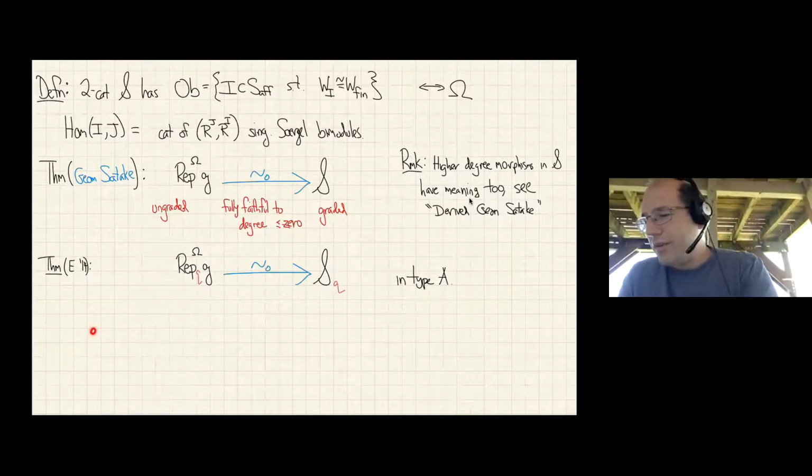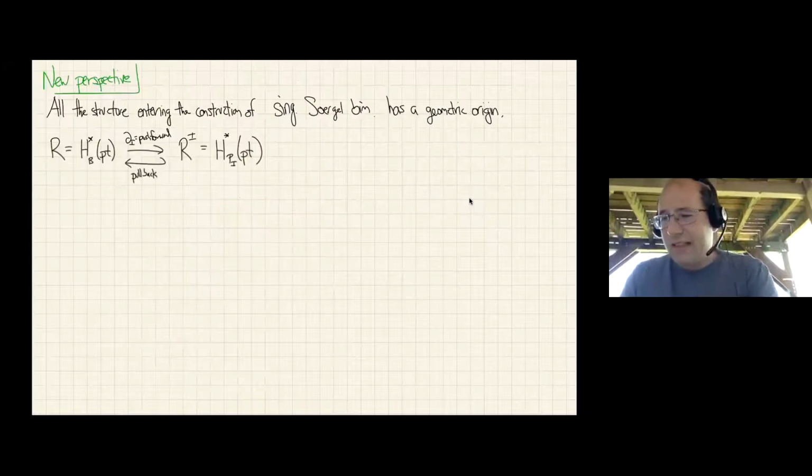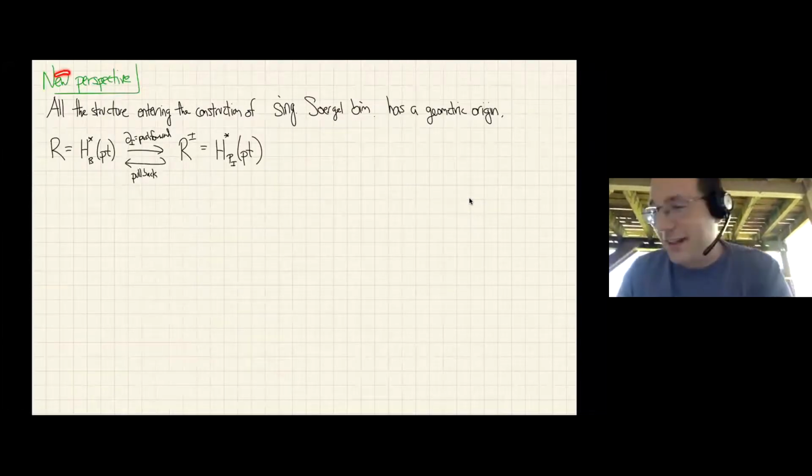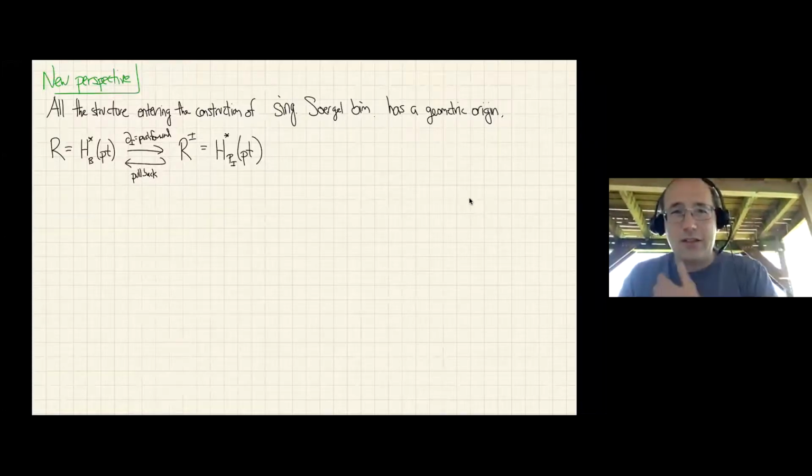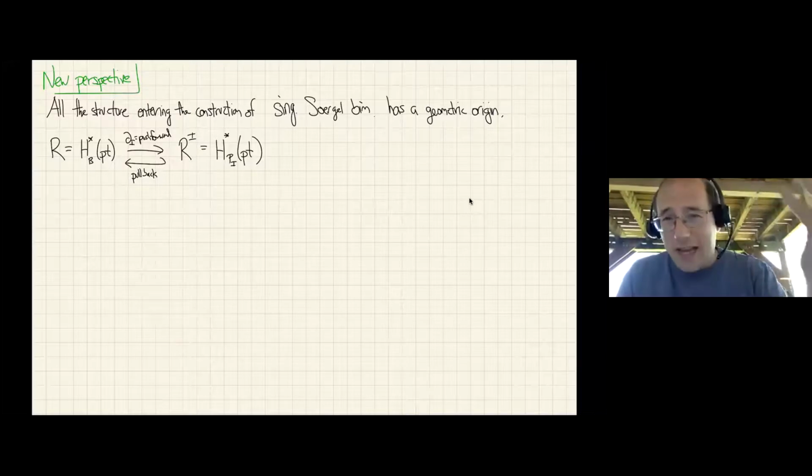Okay, so the word new should be applied to things later in this slide, not to this part. All the structure that's entering this construction of singular Soergel bimodules when W is a crystallographic Coxeter group has a geometric origin. This polynomial ring is just the B-equivariant cohomology of a point, where B is the Borel, or the Borel of the affine Kac-Moody group if we're doing affine stuff.